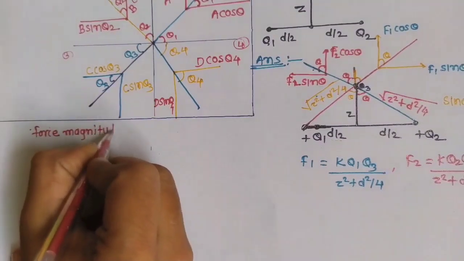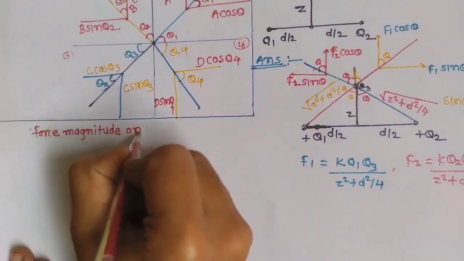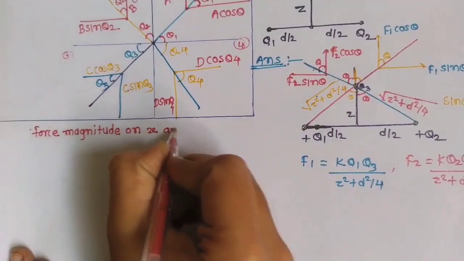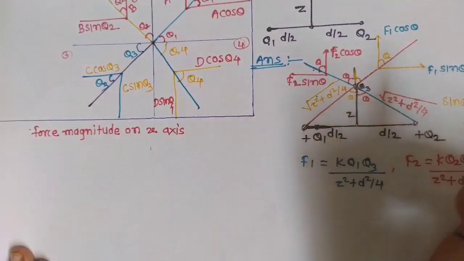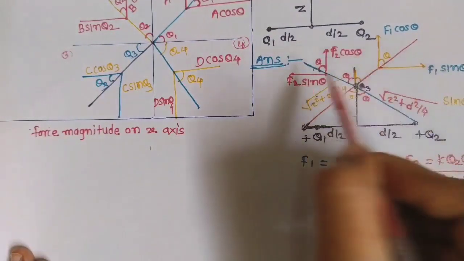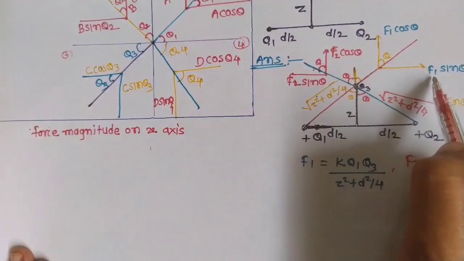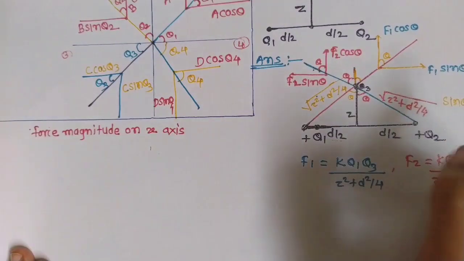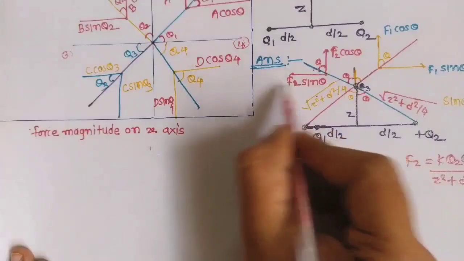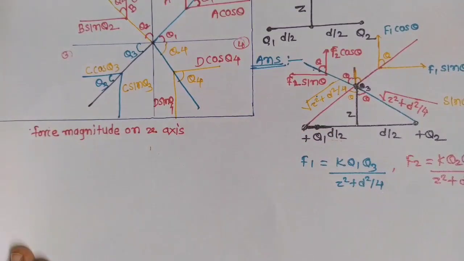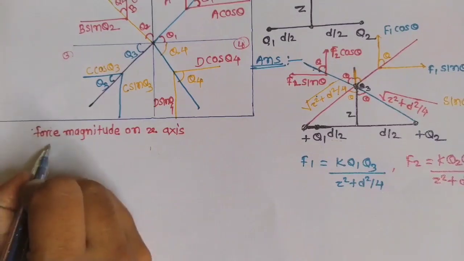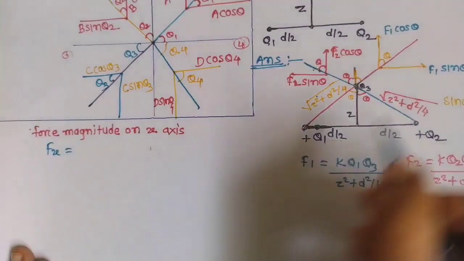Force magnitude on x-axis. So this is f2 sin theta and f1 sin theta on x-axis, and this f2 cos theta and f1 cos theta on y-axis. So we have to find the force magnitude on x-axis, but the two directions are opposite.